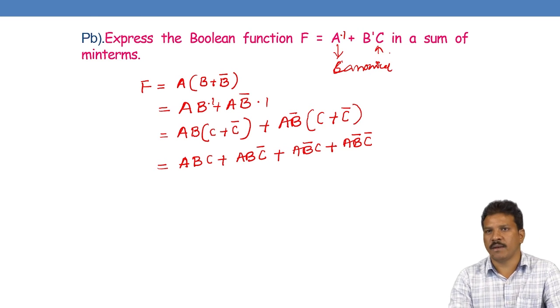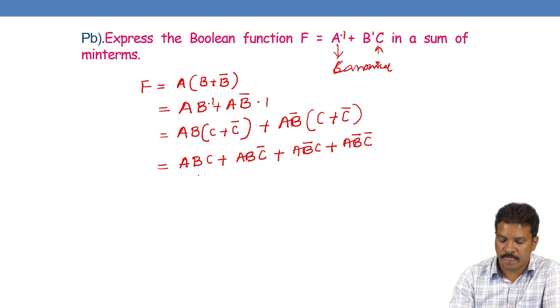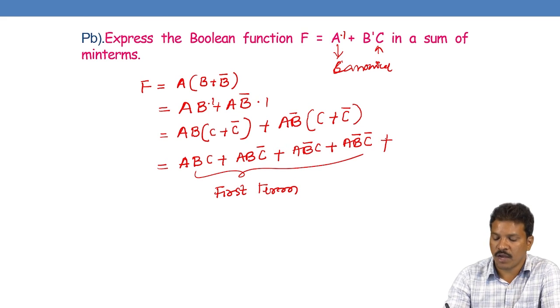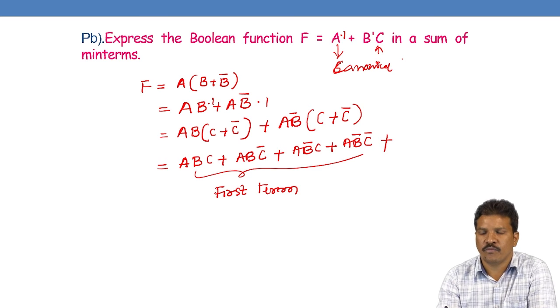Again we have a second term. This was the first term. To convert the second term, again we add the missing variable.